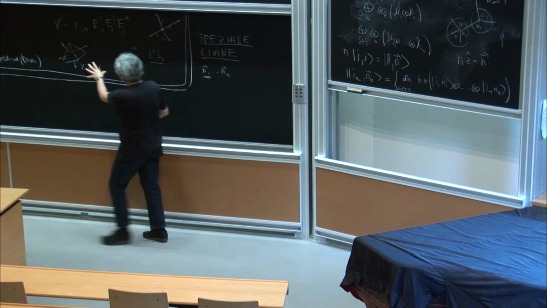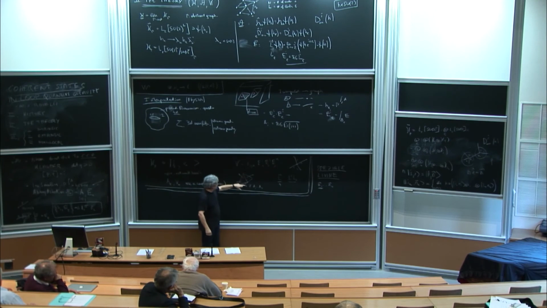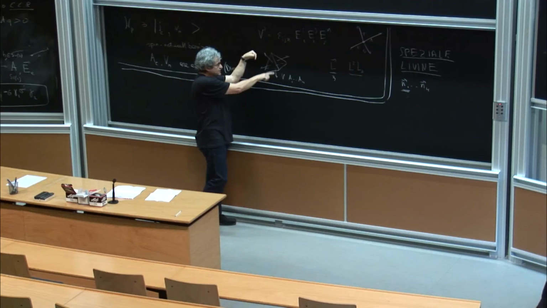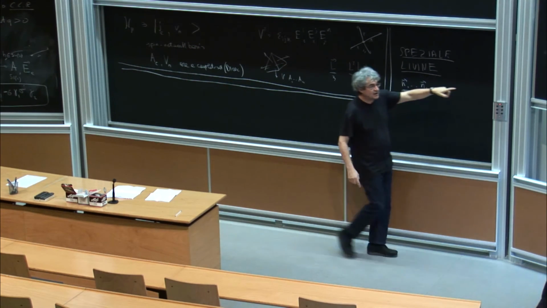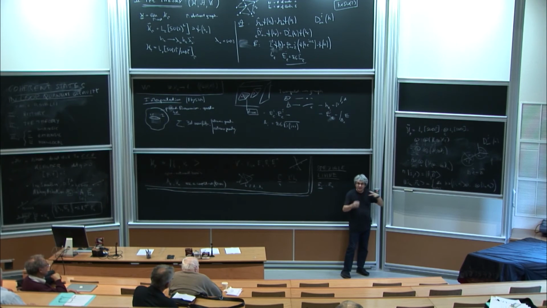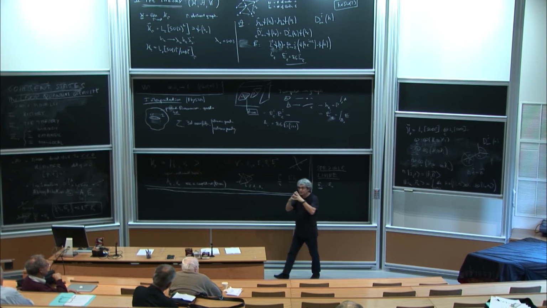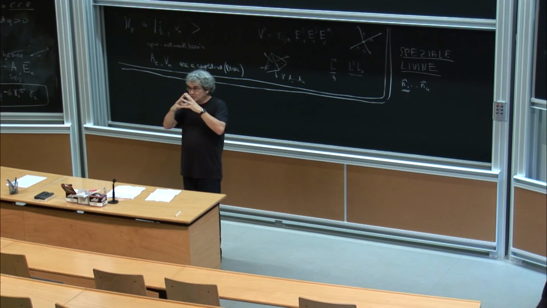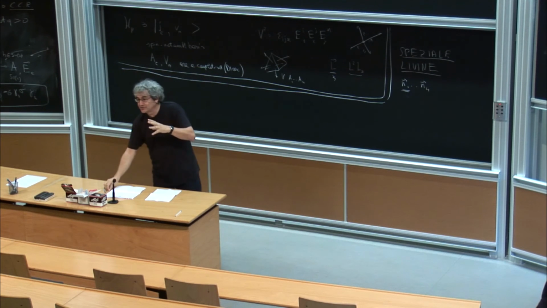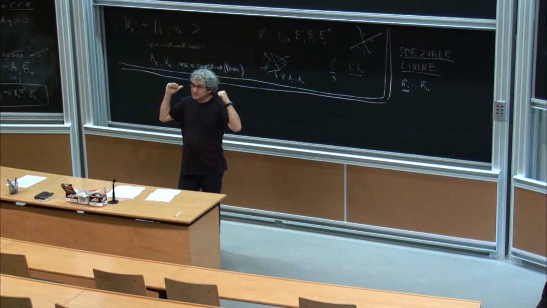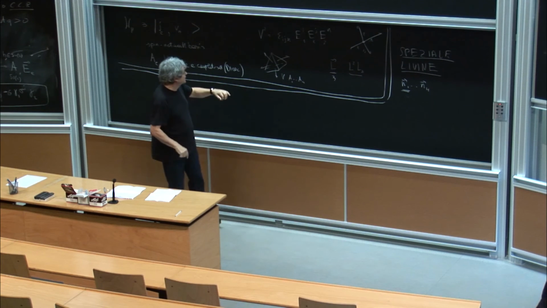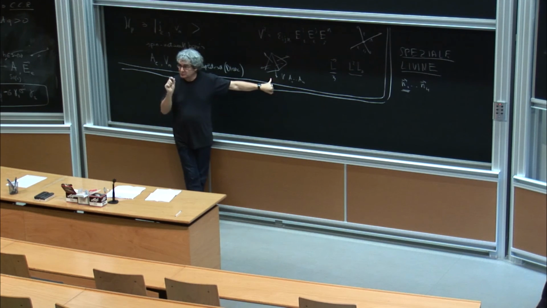So you give me a tetrahedron, you give me 4 areas, you give me 4 vectors in R3. I use this formula, and I produce a state which is a coherent tetrahedron. It's a state which is not peaked on the geometry of the tetrahedron, but its expectation values of the geometrical operators are those of that geometry here, and the spread is small.